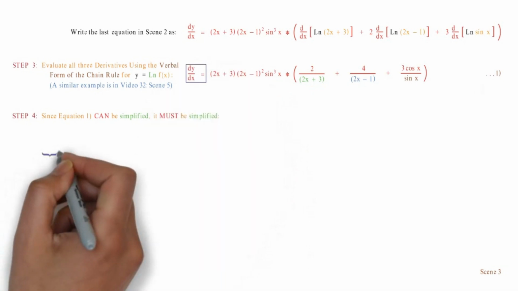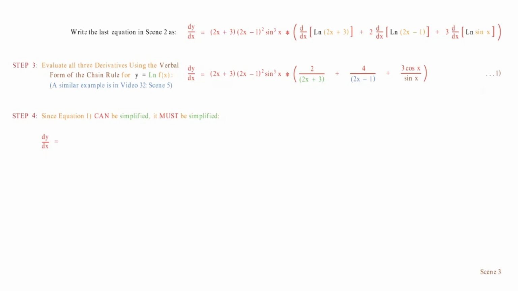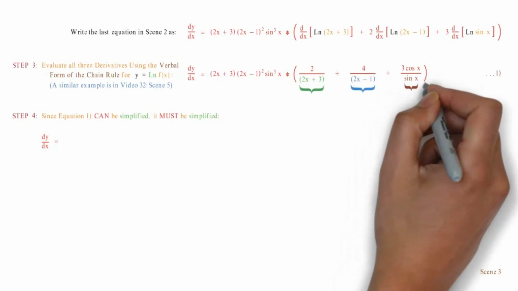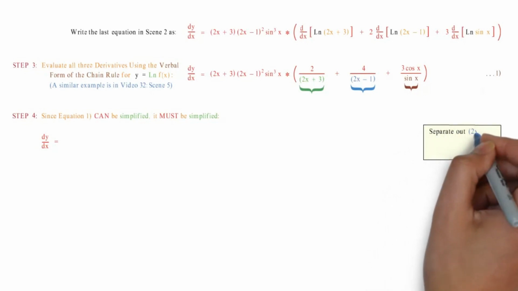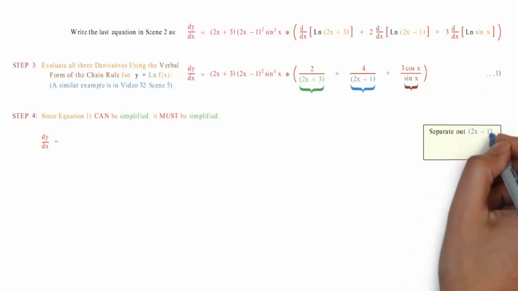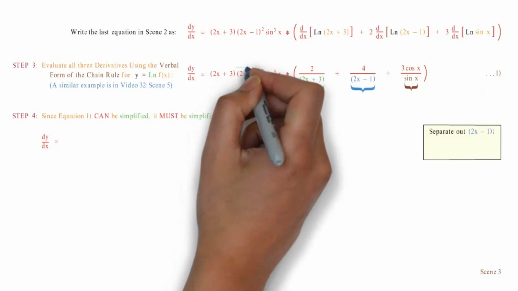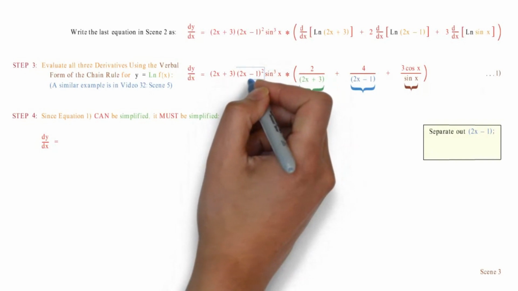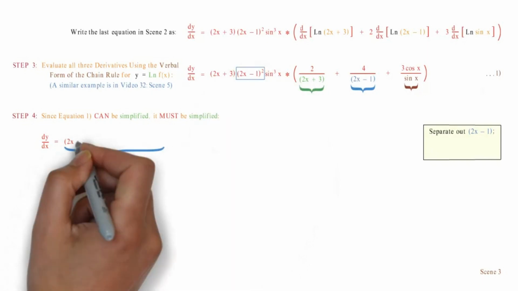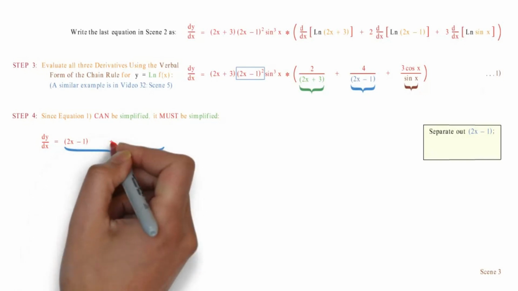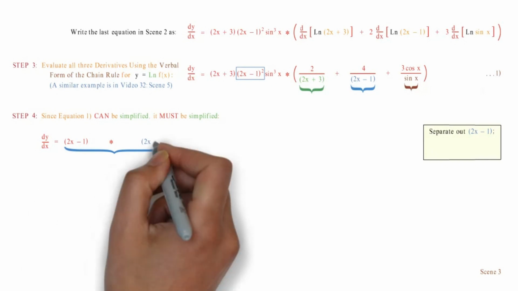Bring down, since the denominators are 2x plus 3, 2x minus 1, and sine of x, separate out 2x minus 1. 2x minus 1 all squared becomes 2x minus 1 times 2x minus 1.